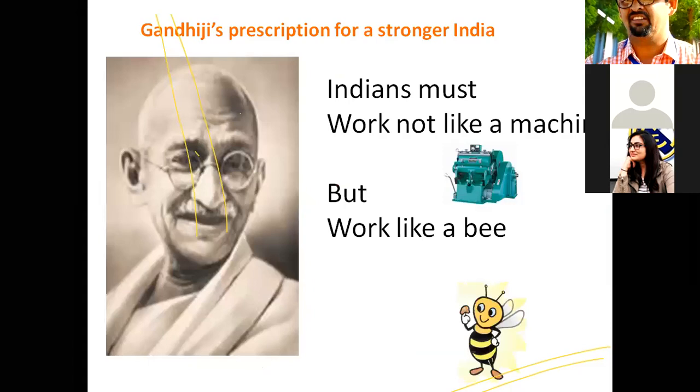Another, Gandhiji also prescribed for a stronger India: Indians must work not like a machine, but like bees. This is important because bees are social and work combined. If you disturb the bees, then all of them attack you together. It is also social: the worker does one job, there are soldiers, then drones. All the workers have different work.